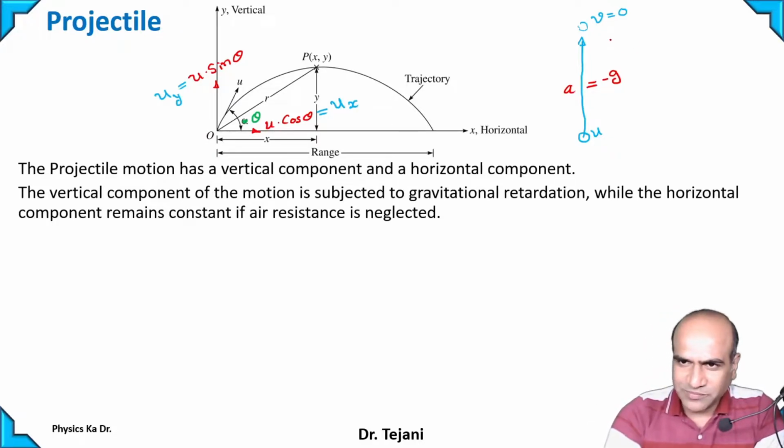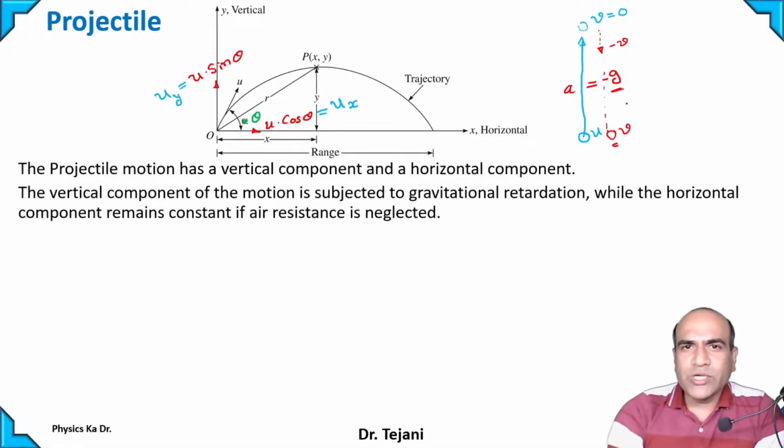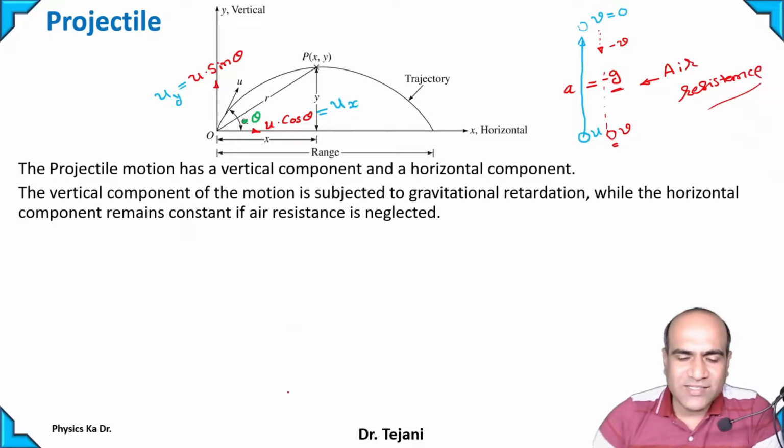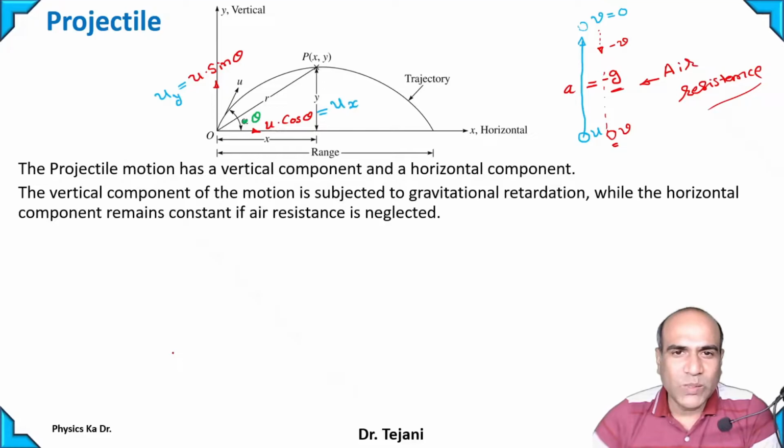When the object starts moving downward, gravitational acceleration increases its velocity in the negative direction. Because of that, the object moves downward, and u is always equal to v when we neglect air resistance.